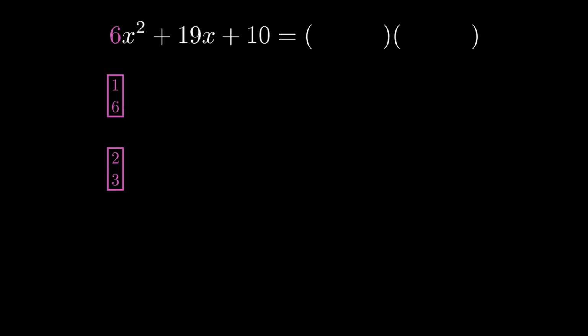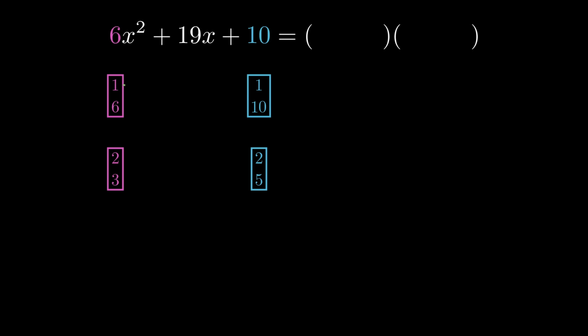Alright, so let's see some examples. So here's the thing we're trying to factor, so let's make some empty brackets. We start by thinking through factors of the first and last numbers. So for 6, we have 1 and 6 and 2 and 3. For 10, we have 1 and 10, 2 and 5. I'll try and talk you through what would be happening in my head. Okay, I'd start by sort of eliminating extreme cases.